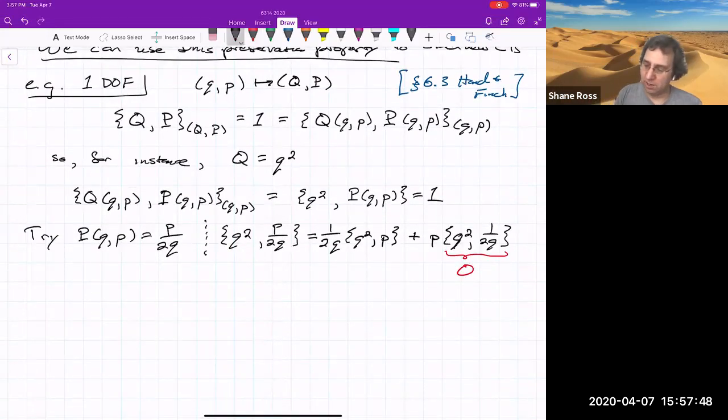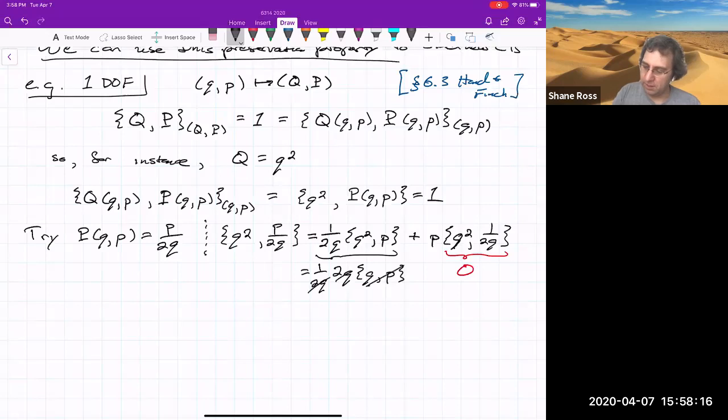And then what are we left with here? If we work out the Poisson bracket for what's left, we're going to get, well, 1 over 2q is out in front already. We'll get 2q, q with p. These things cancel.